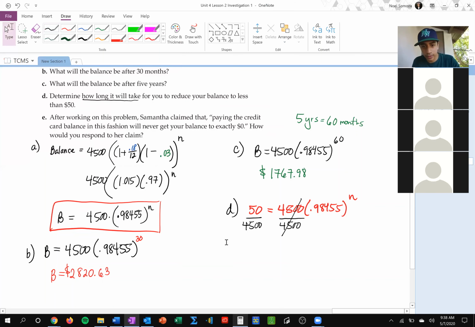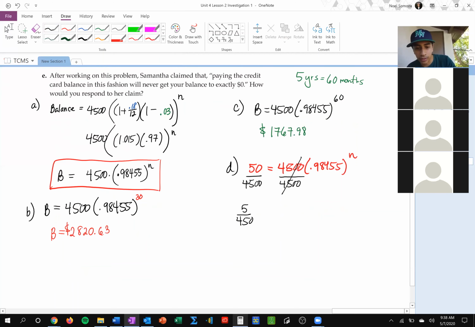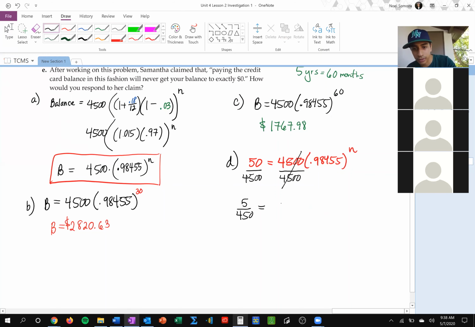You know what? I'm just going to leave it as 5 over 450. And then if we divide top and bottom by 5, I'm going to leave this as a fraction for now so that I don't lose any values to rounding. If we divide the top by 5, that leaves us with 1. If we divide the bottom by 5, that's 90. So I'm just going to leave it here in terms of this fraction.